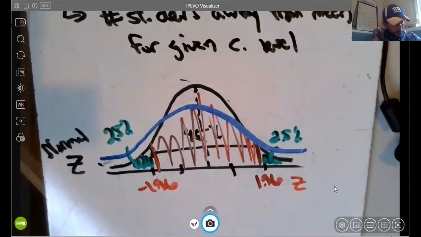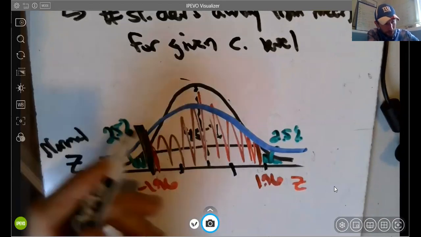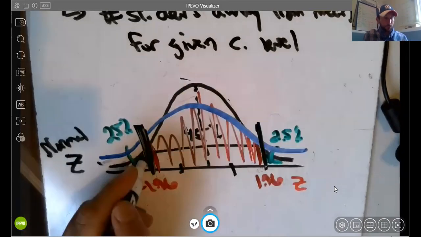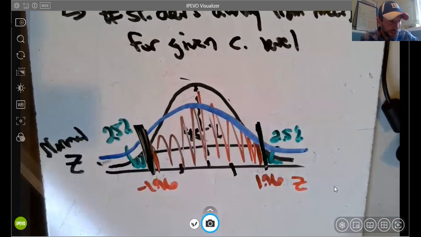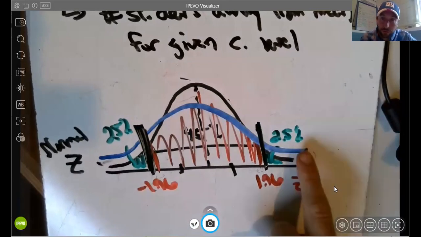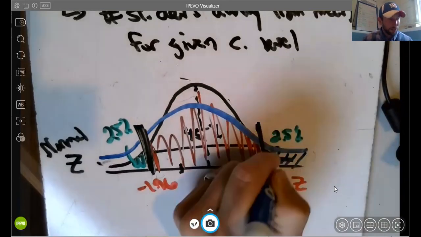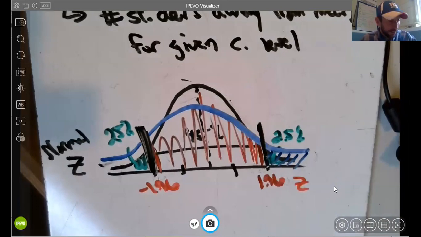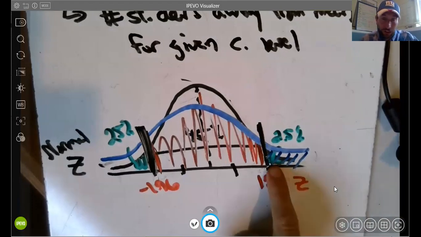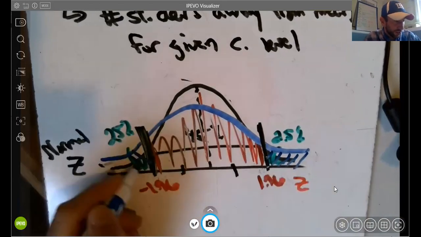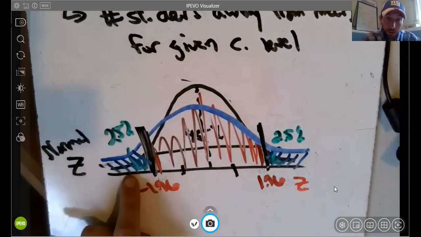So if I mark the same spot from here to the left and from here to the right, below this blue curve there's more than 2.5%. This blue slashed area is bigger than that sloppy green shaded area, and over here, this blue slashed area is bigger than that green shaded area.